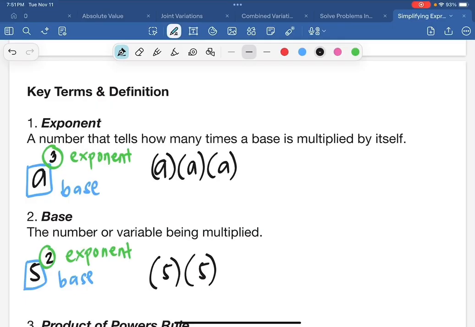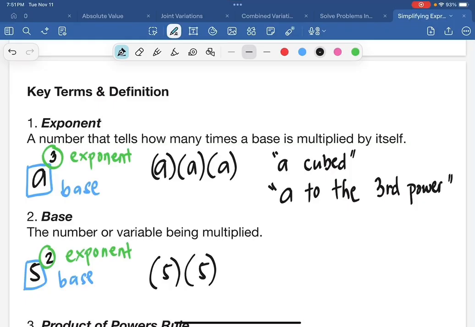Now, here's the thing. There are many ways to read, for example, a cubed. First, a cubed. Another, a to the third power. I know there is a misconception on how people read this.